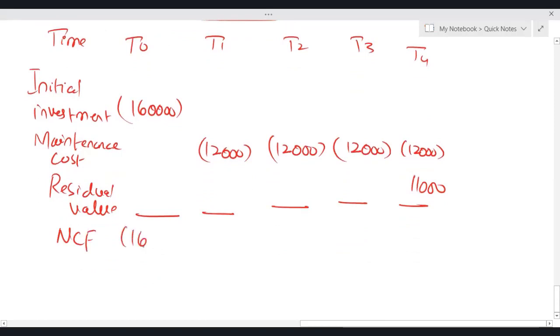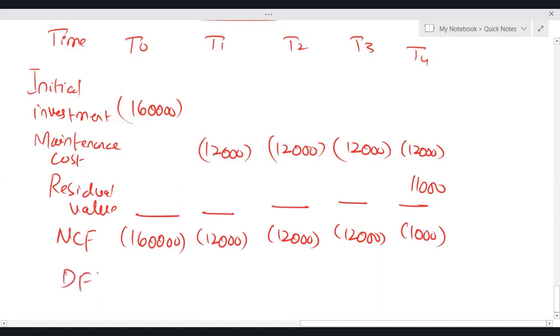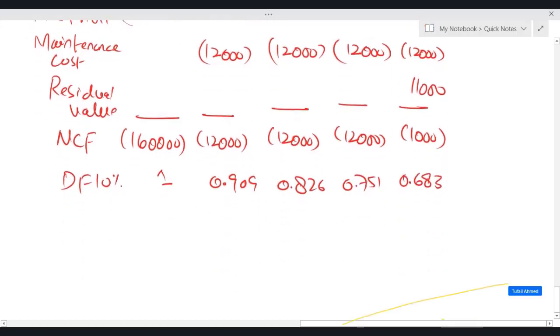Net cash flows 1,60,000. Our discount factor is 10%. That's favorite. 1.909. 0.826, 751, 683 and so many others.